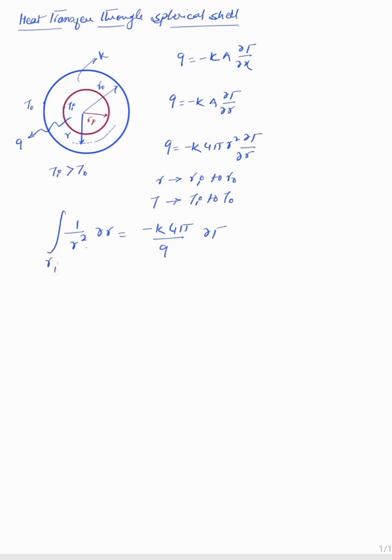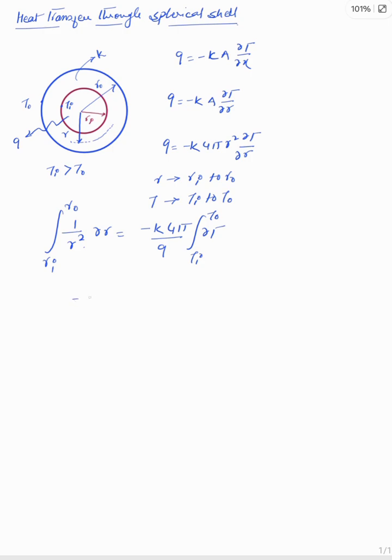So let's integrate r from Ri to Ro and temperature Ti to To. So integration of 1 by r square is minus 1 by r. Then we put the limit.